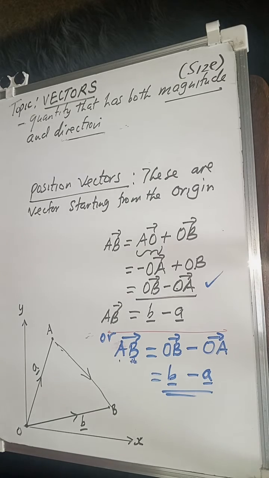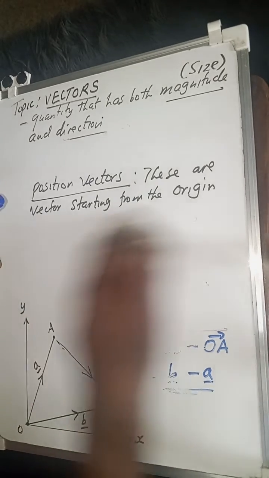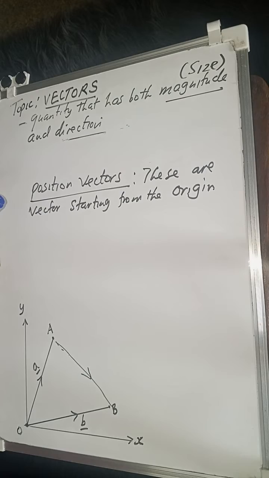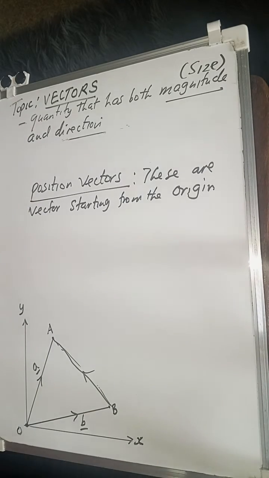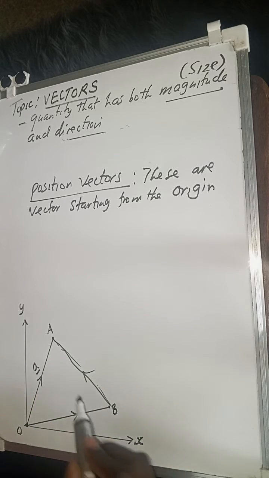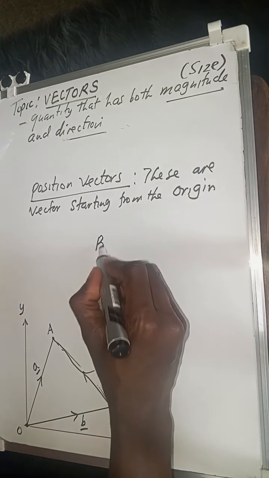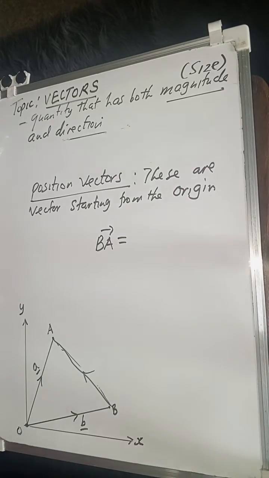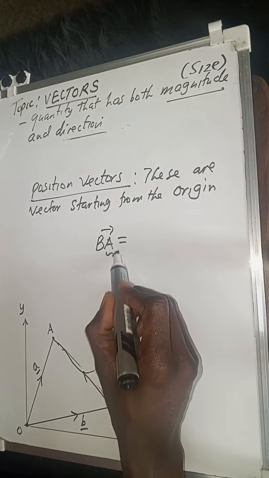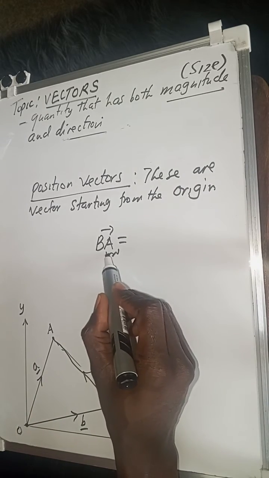Now let's do the opposite so that we can give you some more concepts that you need on that. Suppose now I told you to find the vector, sorry for my poor straight line. Suppose I told you to move from B to A. If you remember the concept, you can start with this one. That's the first one. It will always be positive.